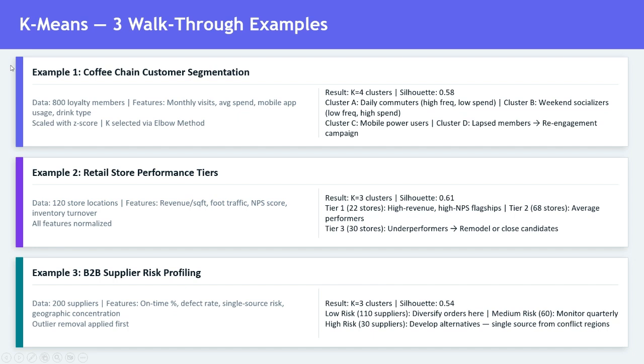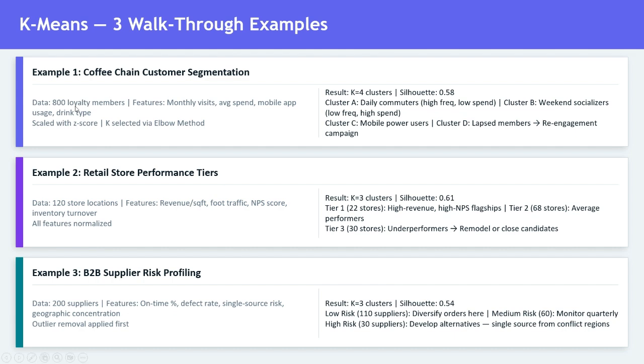So walking through some examples, we have some setups and then some outputs, and we can learn how to interpret those results. These slides are made so that you can interpret what the output means and then draw some meaningful conclusions. So example one, we are a coffee chain doing customer segmentation. So we're categorizing, we're classifying customers.